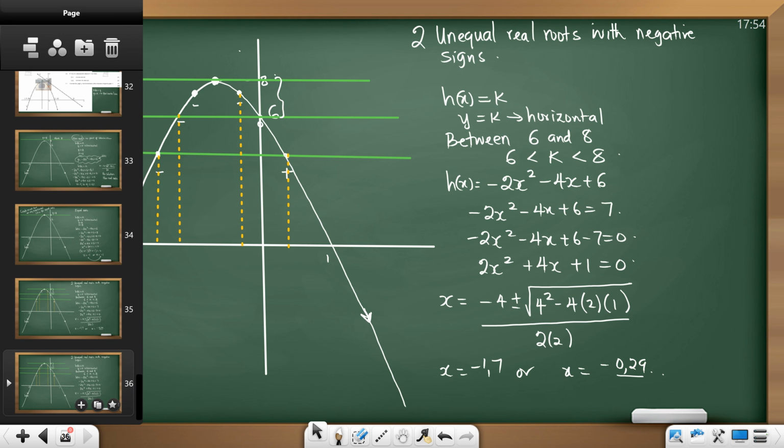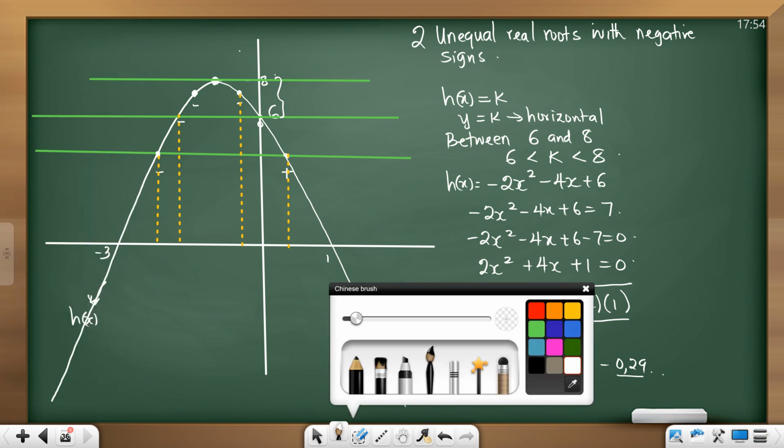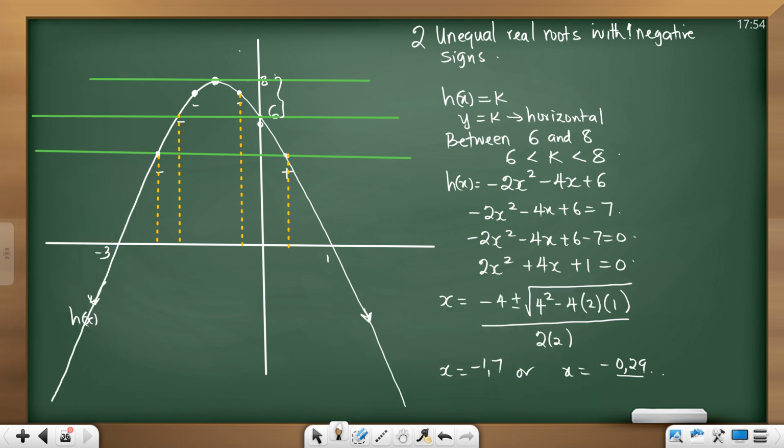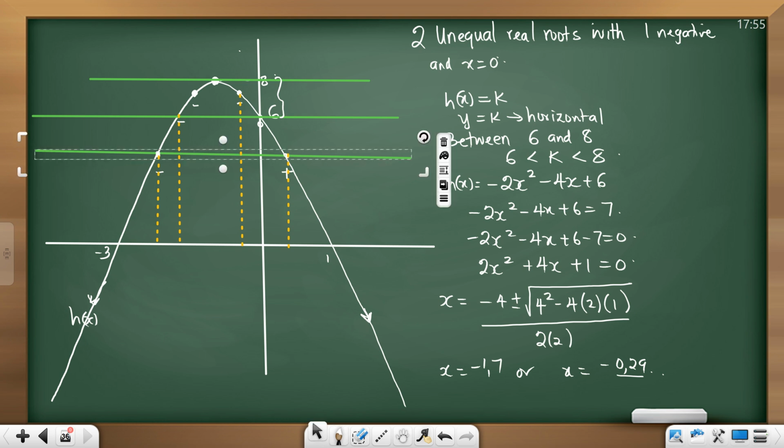Now, look at my questions. Two unequal roots, with one negative and x equals to 0. I want to do something where my x must be 0. And that's very simple. That's just a simple line.